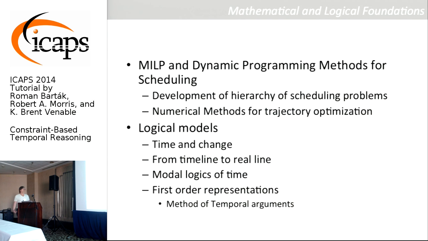So then also in the 50s and 60s, we had the emergence of mixed initiative linear programming and dynamic programming methods for scheduling. With the advent of complexity theory in the 1960s and 70s, you had a development of the hierarchy of scheduling problems based on their complexity.